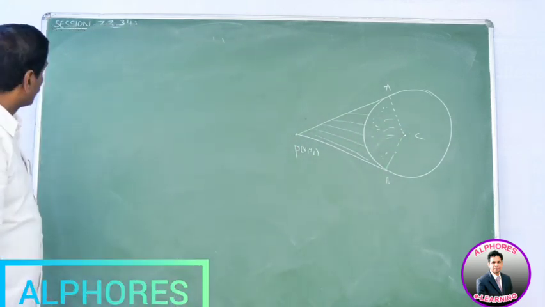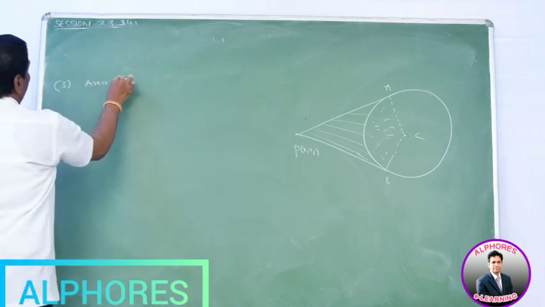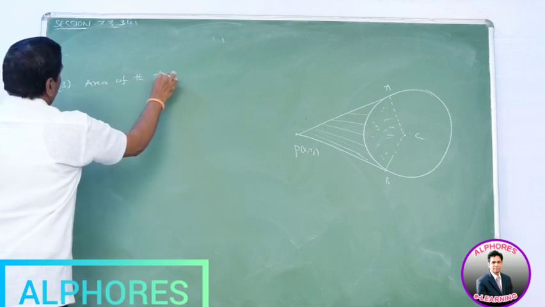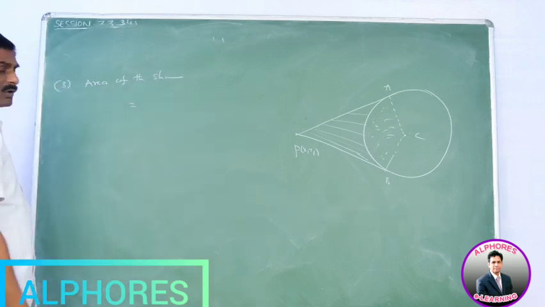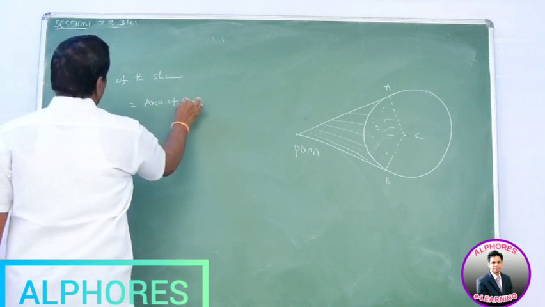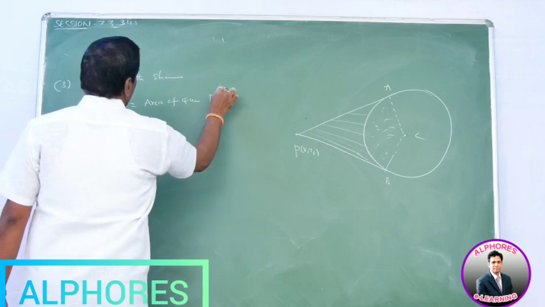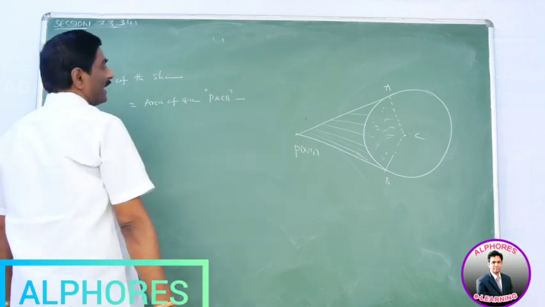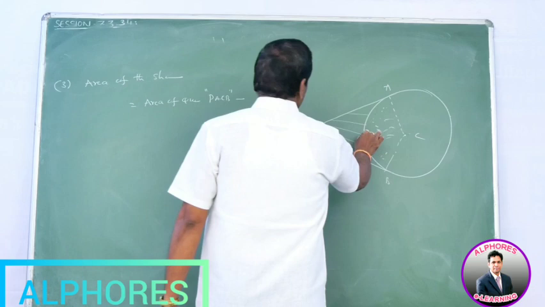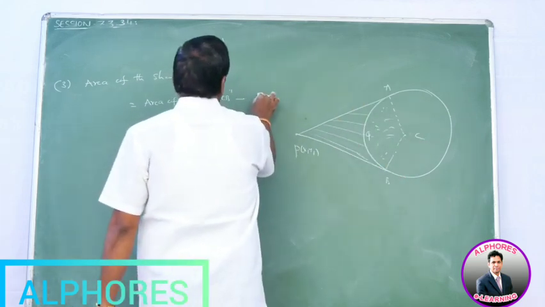Note this point. Third point. Area of the shaded region is equal to area of quadrilateral PACB minus area of the sector, say this point is Q, CBQA.